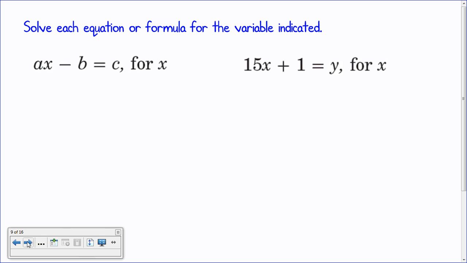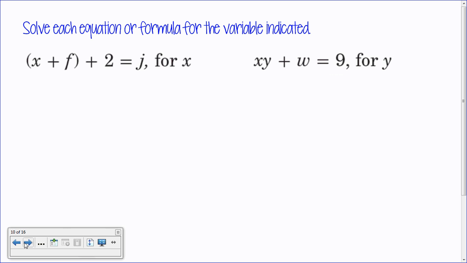Hey, look at number 3. Do the parentheses mean anything right here on number 3? No, they don't mean anything here. Why? Because there's nothing in front of the parentheses.